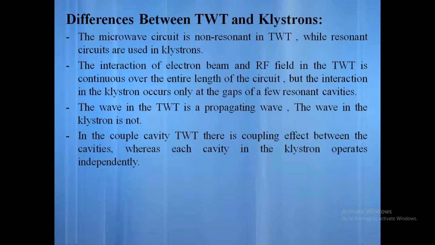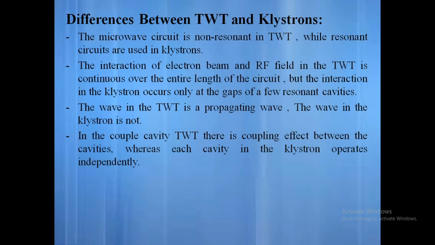Let us see what is the difference between traveling wave tube and klystrons. The microwave circuit is non-resonant in traveling wave tubes, whereas it is a resonant circuit in klystrons. The interaction of the electron beam and RF field in traveling wave tubes is always continuous over the entire length of the circuit, but the interaction in the klystron occurs only at the gaps of a few resonant cavities.